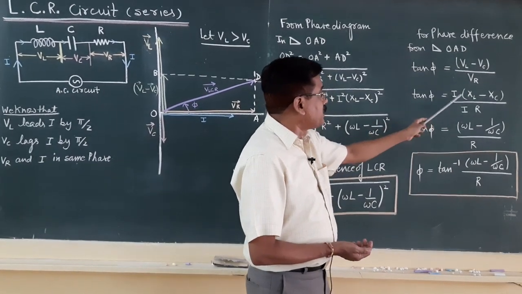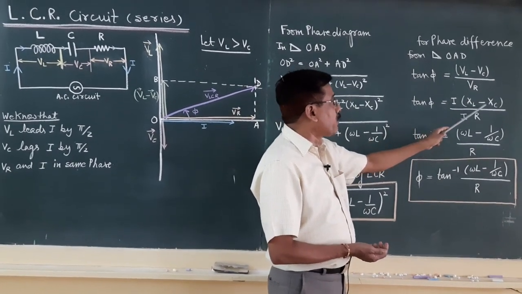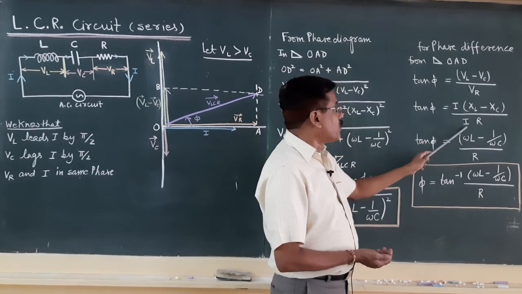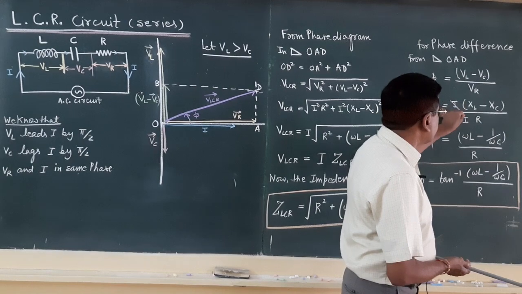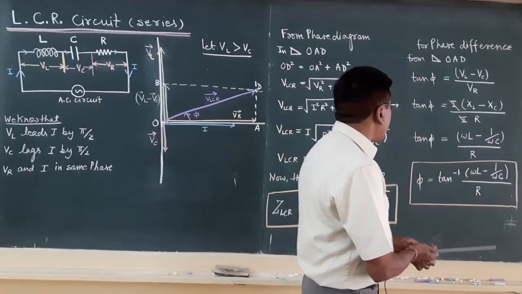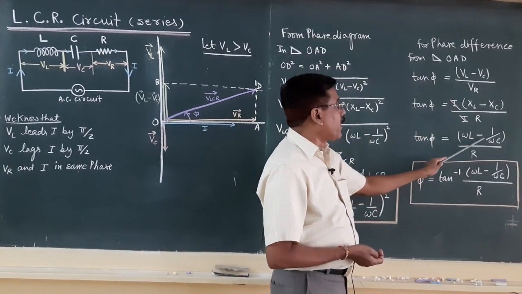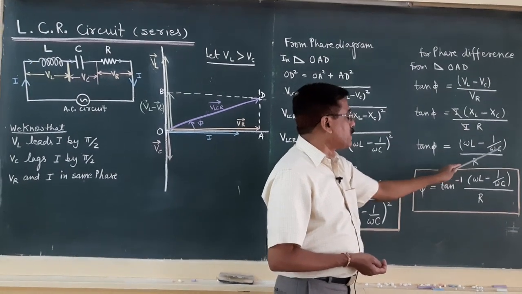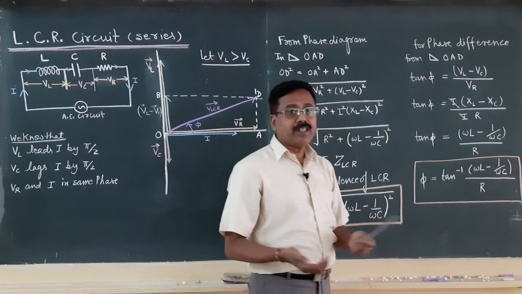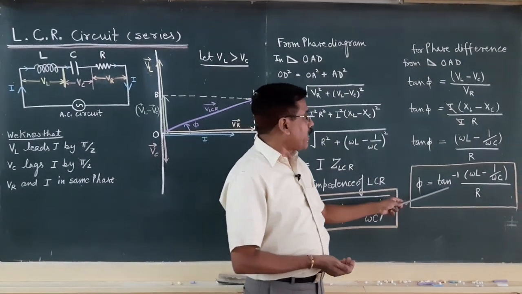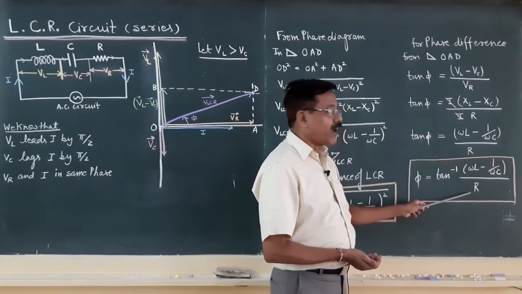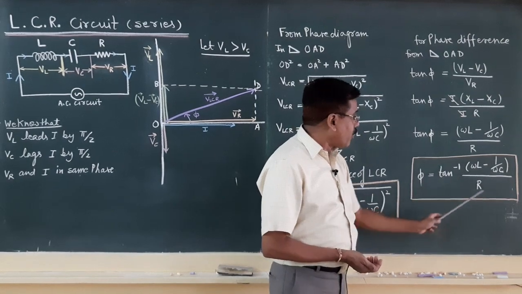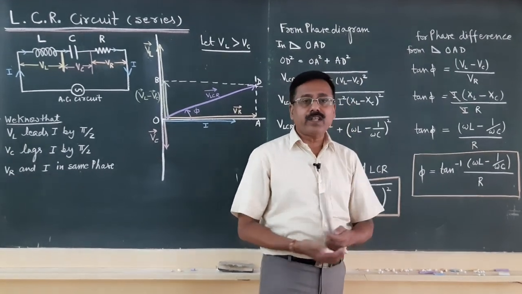So, VL minus VC can be written as I into XL minus XC, and VR is equal to I into R, and you will find I cancels. So, we have tan phi is equal to omega L minus 1 by omega C, by R, or you can say that phi is equal to tan inverse of omega L minus 1 by omega C, by R. So, this is the expression for the phase difference between voltage and current.